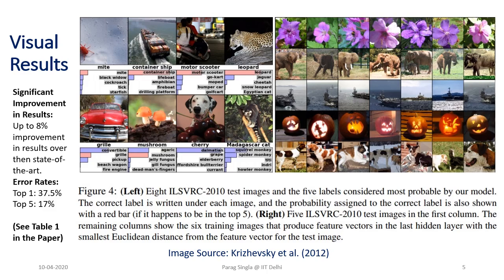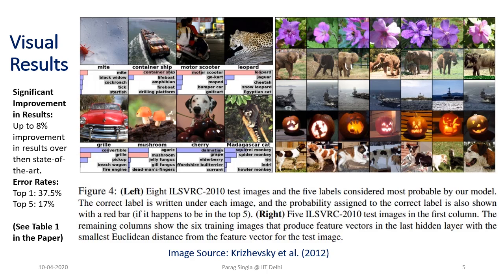Okay, and on the left side, the leftmost column shows visual results. It describes the visual results of the model over the then state of the art baselines.